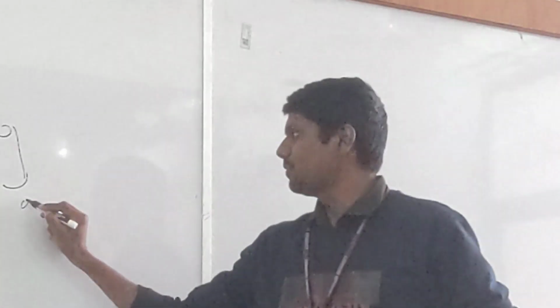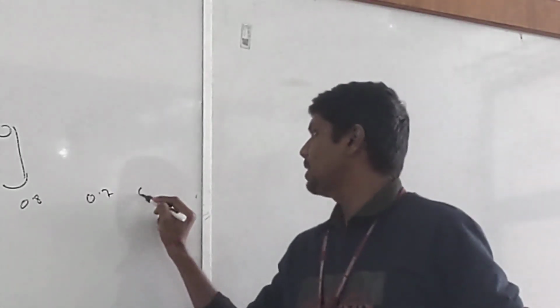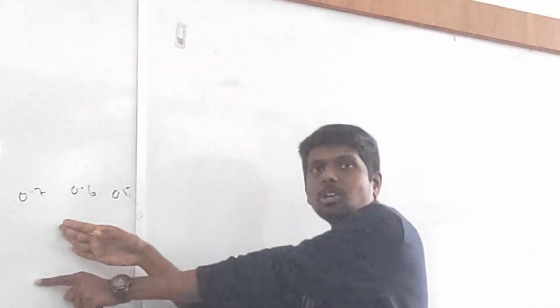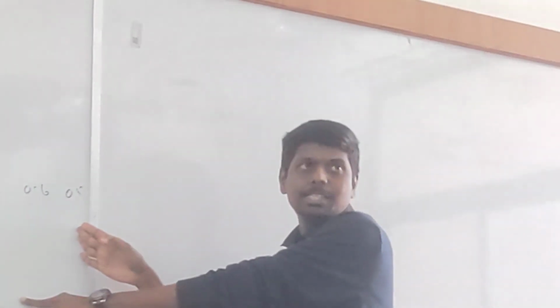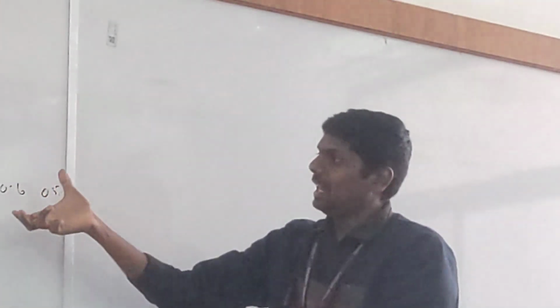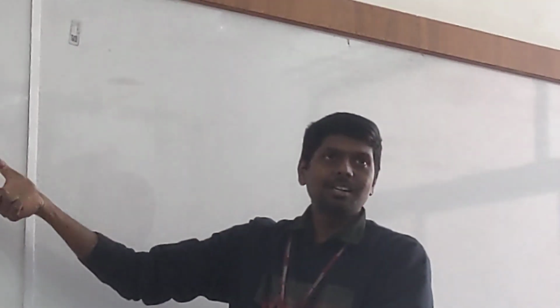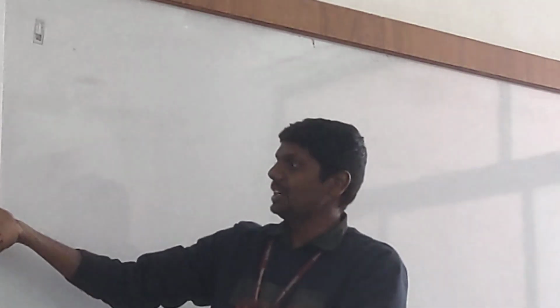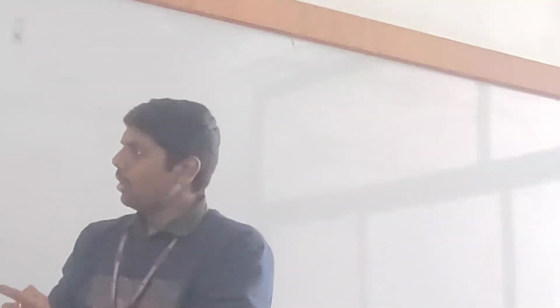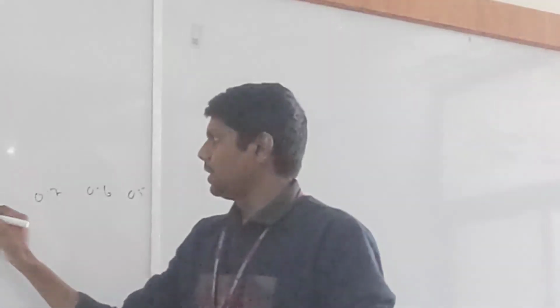In hypotonic, this will be 0.8, 0.7, 0.6, 0.5. So I was subjecting the red blood cell to hypotonic stress. That means I was swelling the red blood cell. Up to what extent can the cell maintain the swelling? At what extent will it lyse? Got it? So, fine. I subjected to this one.